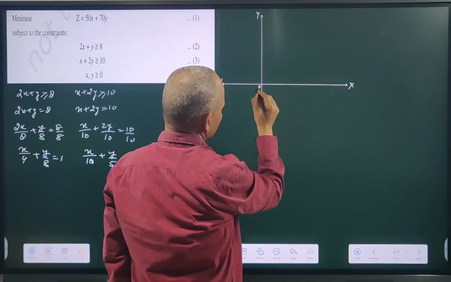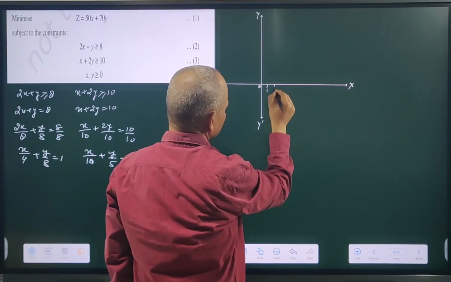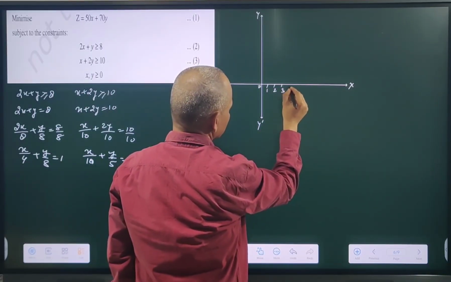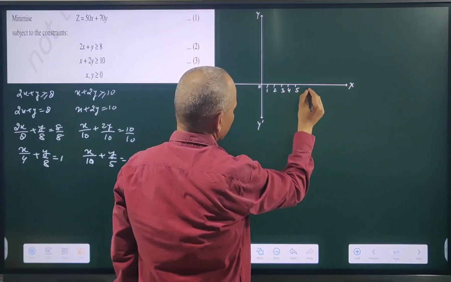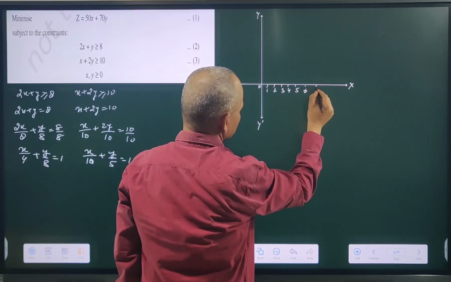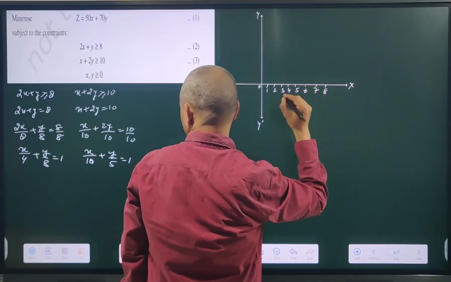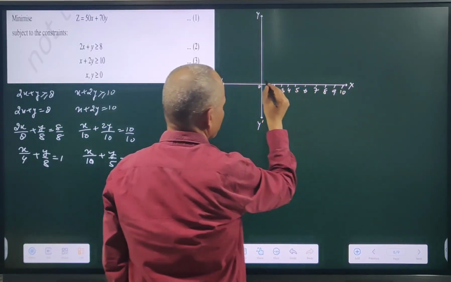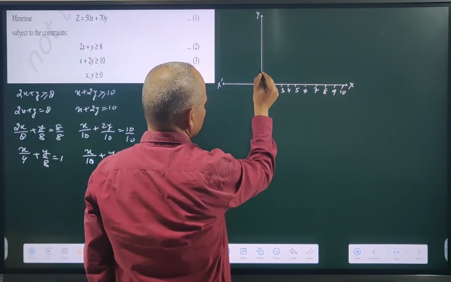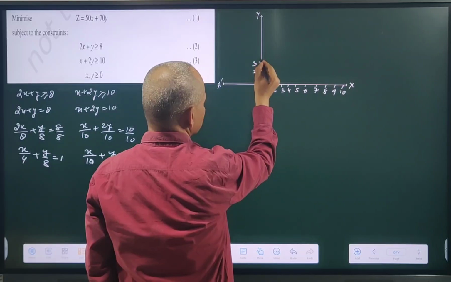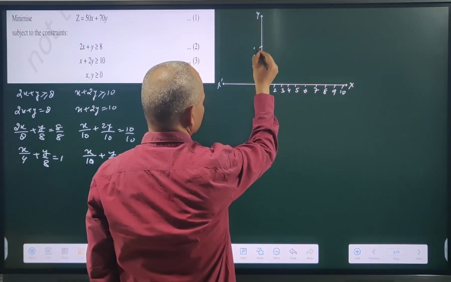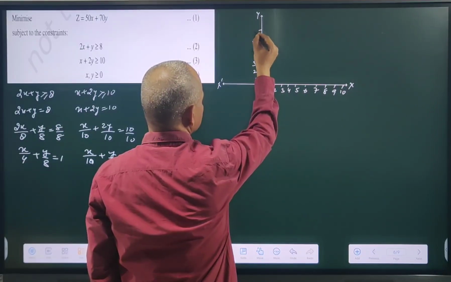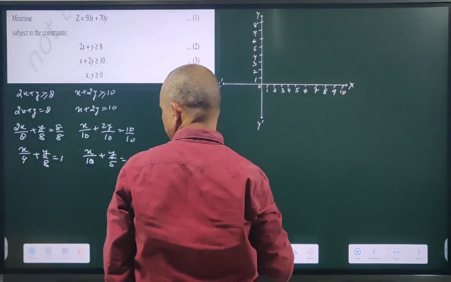So 0, 1, 2, 3, 4, 5, 6, 7, 8, 9, 10, and on y 1, 2, 3, 4, 5, 6, 7, and 8.